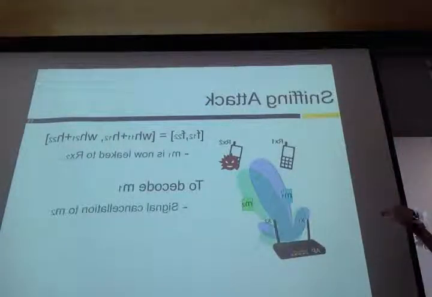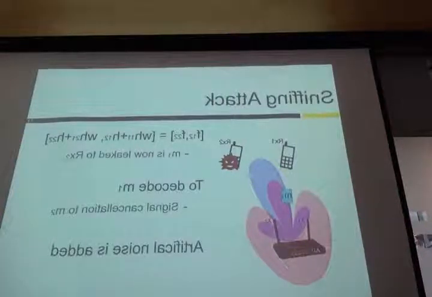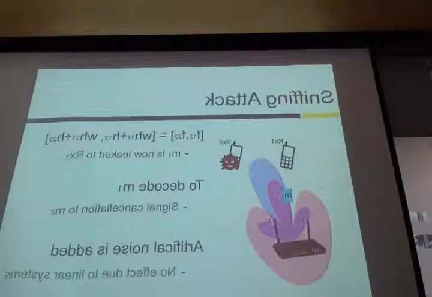To enable the malicious client to successfully decode message M1, a technique called signal cancellation is used by the malicious client to remove the message M2. After that, the information can be decoded at receiver 1 and receiver 2, even though the data is protected by physical security. Artificial noise helps nothing because we select the forged CSI as a linear combination. So remember, artificial noise needs to guarantee that it doesn't affect the original receiver's CSI.